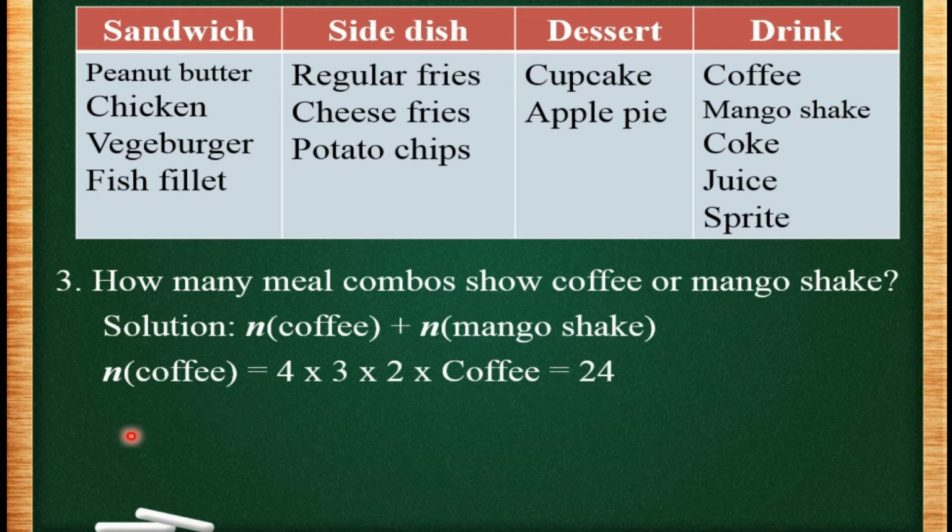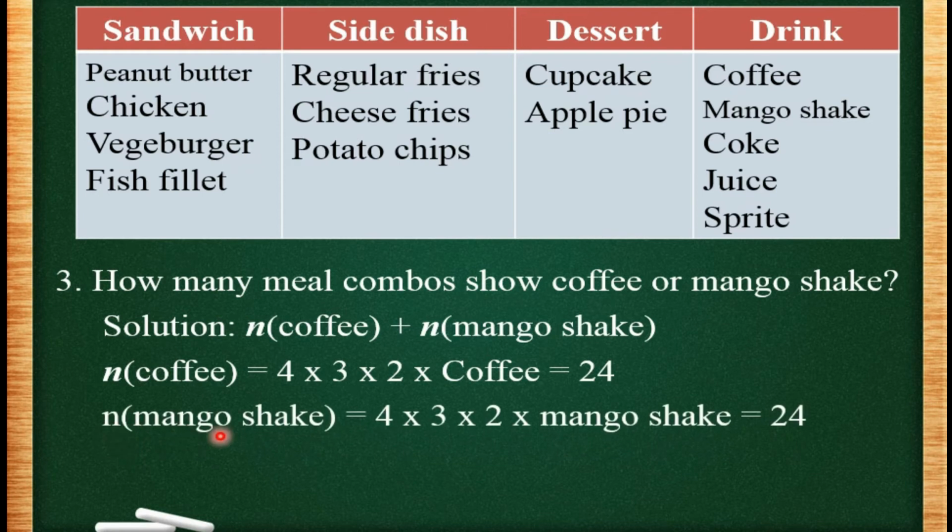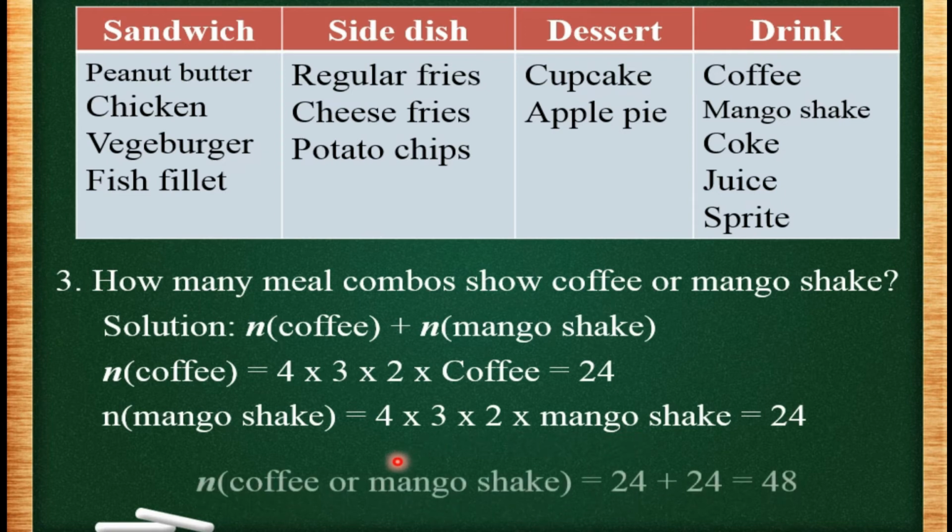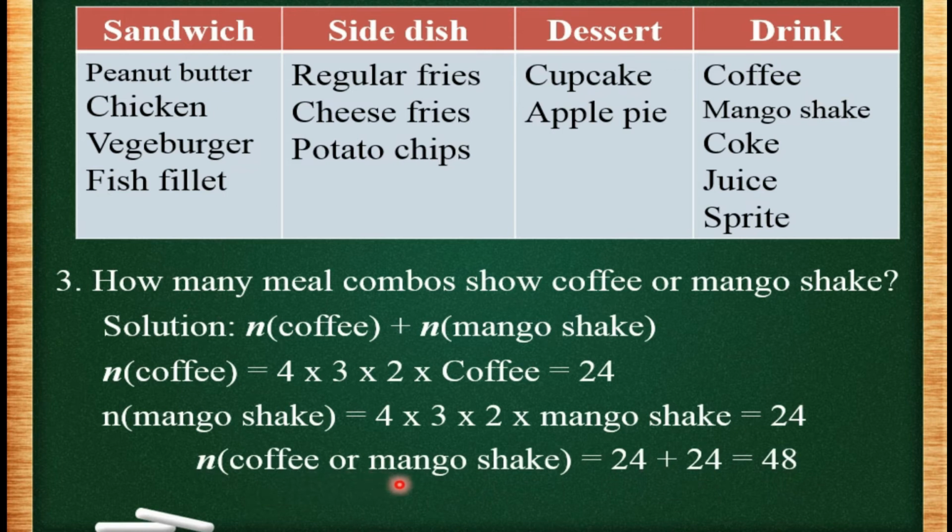Now you determine the N of mango shake. So N of mango shake is equal to, again, 4 sandwich choices times 3 side dish choices times 2 dessert choices times mango shake is equal to 24. 4 times 3 times 2 times 1 is equal to 24. Now we add. N of coffee or mango shake is equal to 24 for the N of coffee plus 24, which is the N of mango shake. It's now equal to 48.